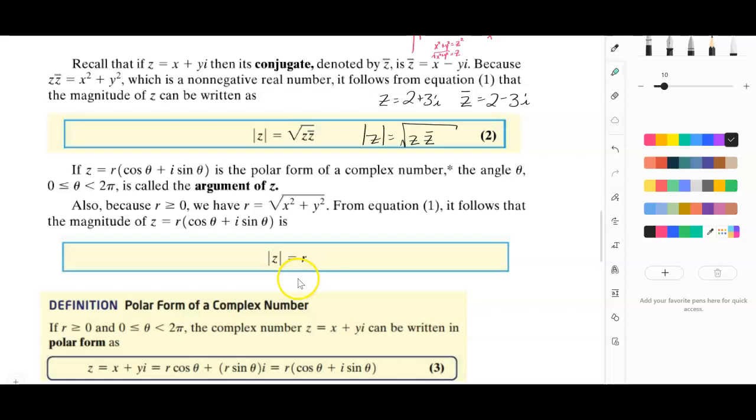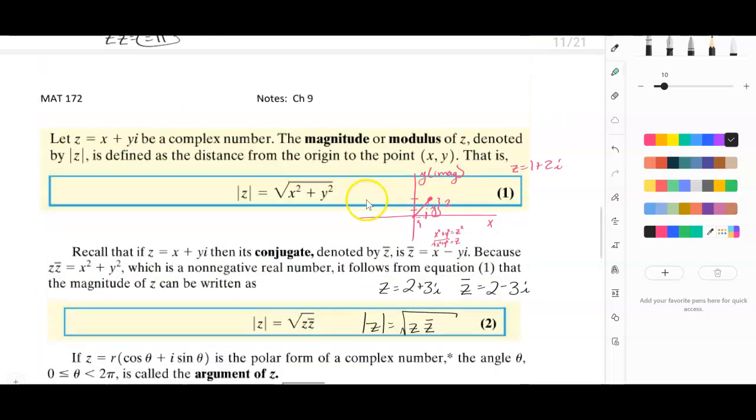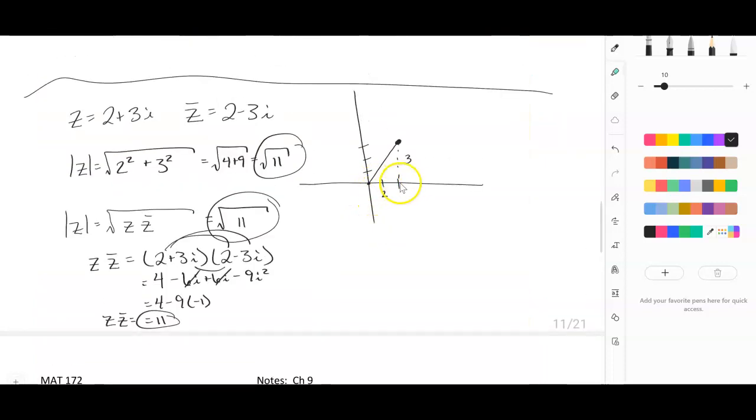Now, because I can think about things in terms of circles, I can think about things in terms of sines and cosines as well. As long as I know the angle from the positive x-axis up to this point, which we could find using the tangent, we call this theta. Then the tangent of theta is equal to y over x, which we know because we know a value for y and a value for x.